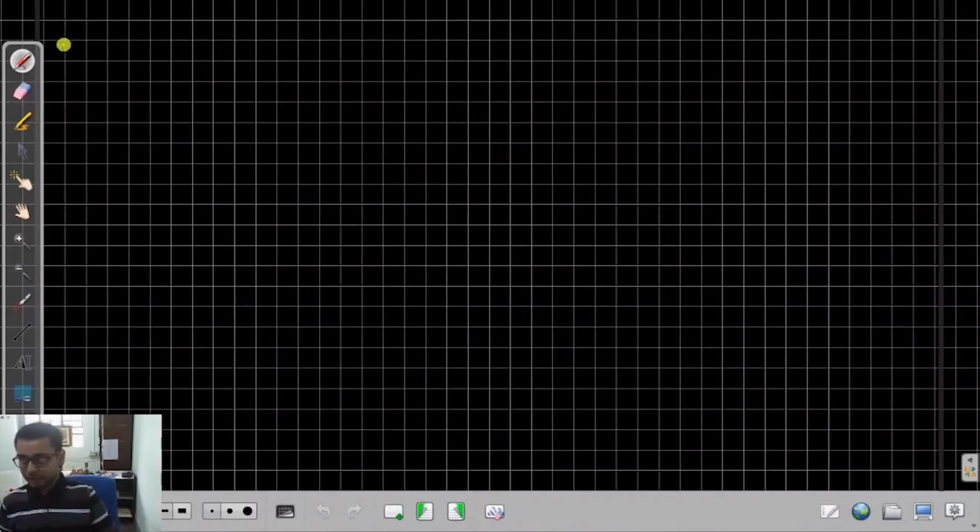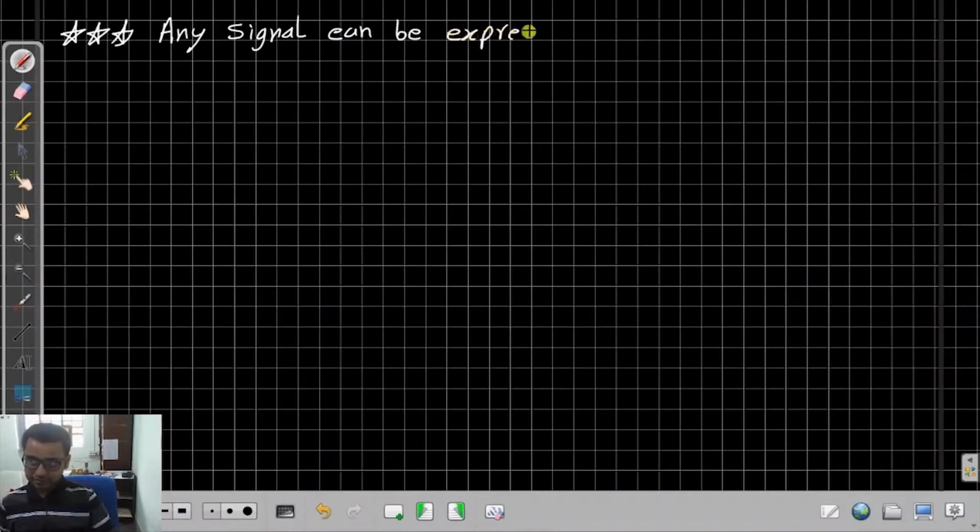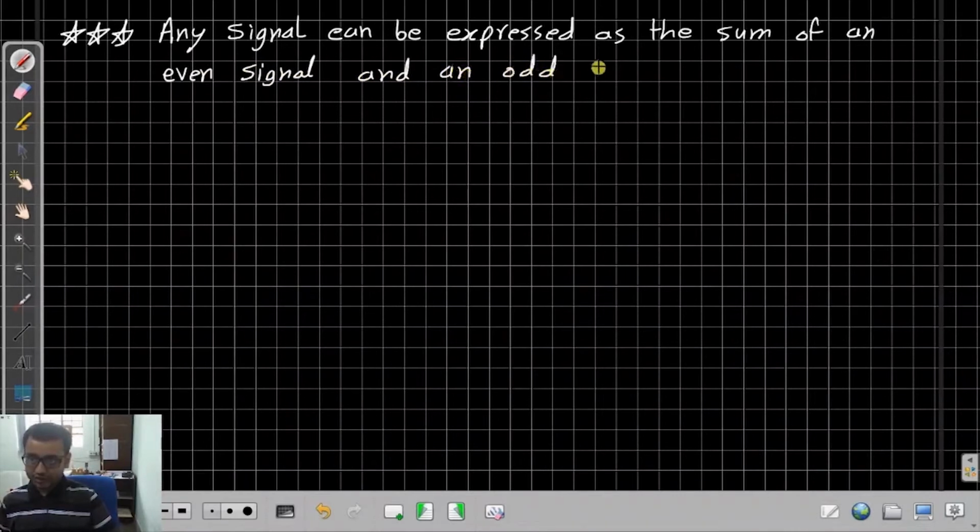So this is the statement, a very important statement, that any arbitrary signal can be written or expressed as the sum of an even signal and an odd signal.